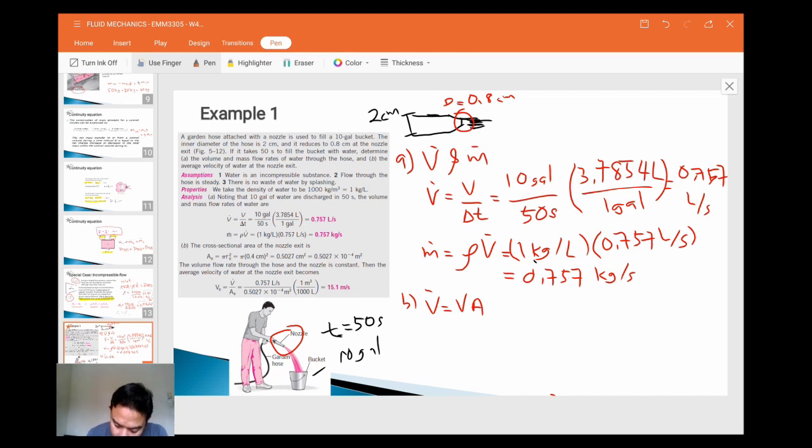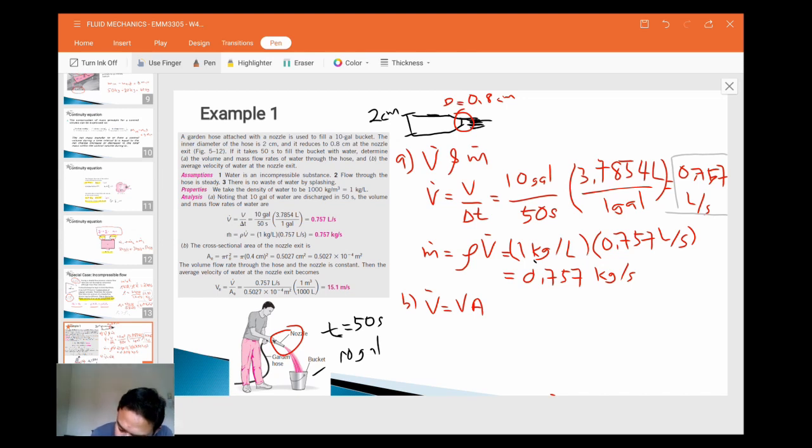So V dot is equal to 0.757 liter per second. Okay, so we need to find the area at the exit.